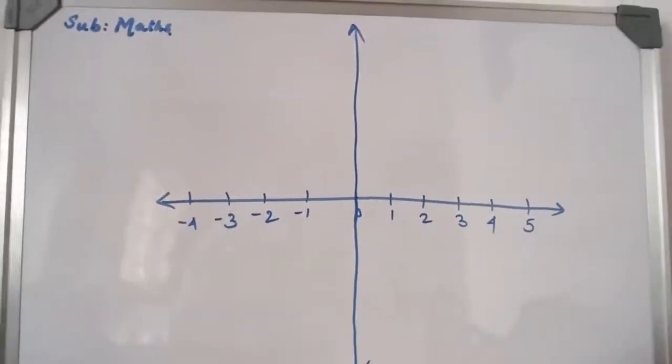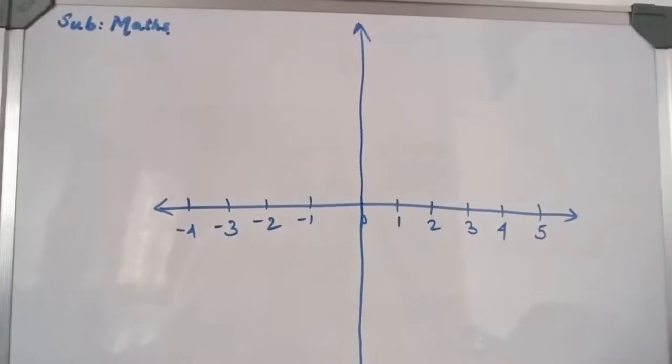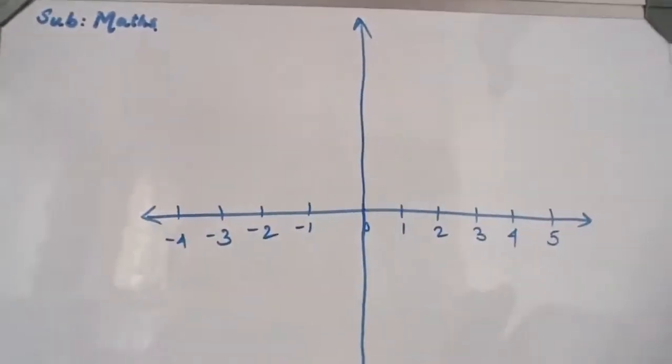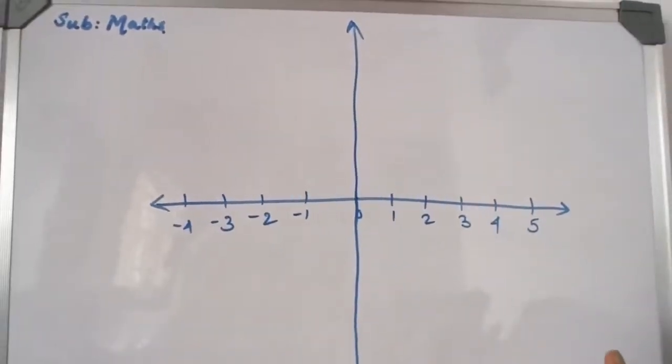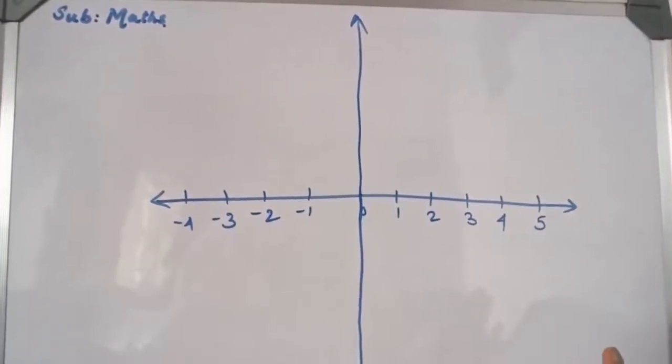They have a common point of intersection. I am bringing both the number lines onto a single piece of paper.